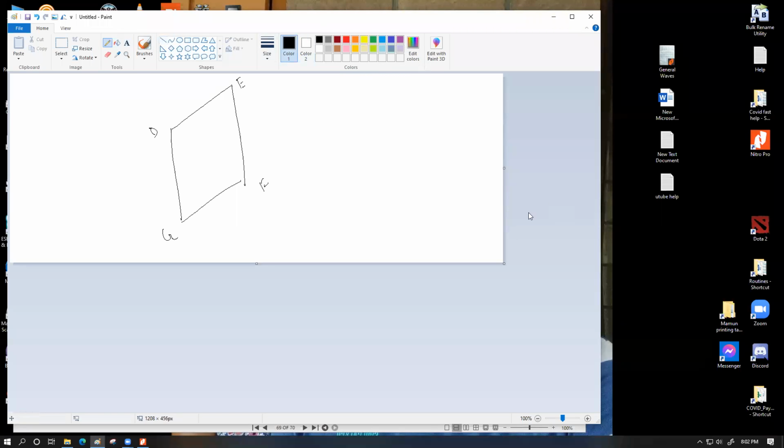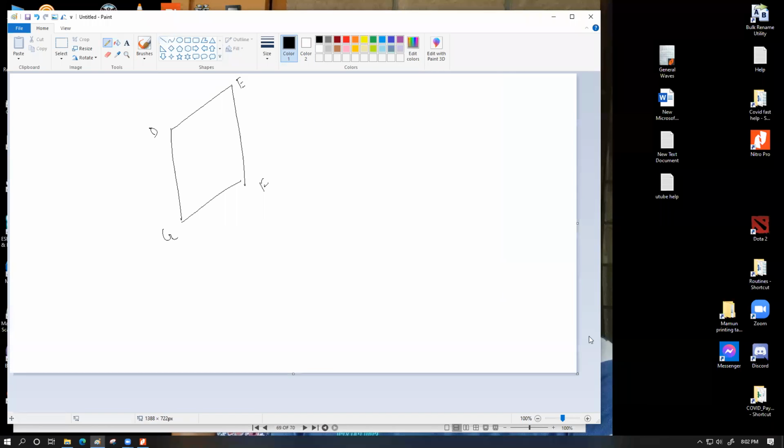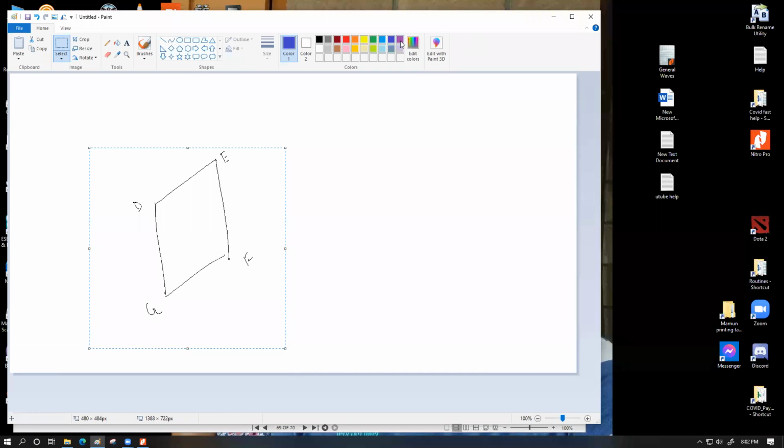Let's say the Earth's magnetic field lines for this surface go along this direction. There is a direction of Earth's magnetic field lines B. Now, this is not perpendicular to the surface.